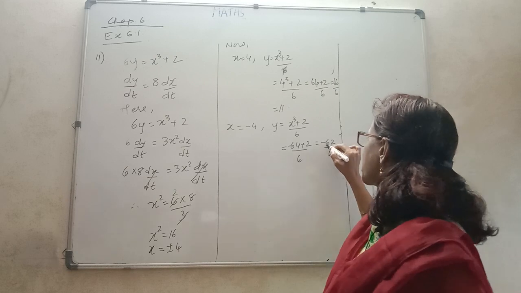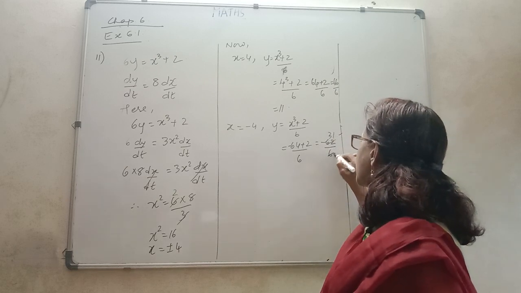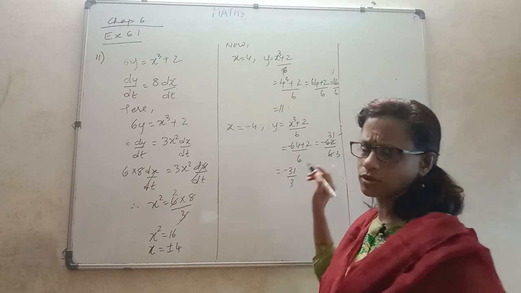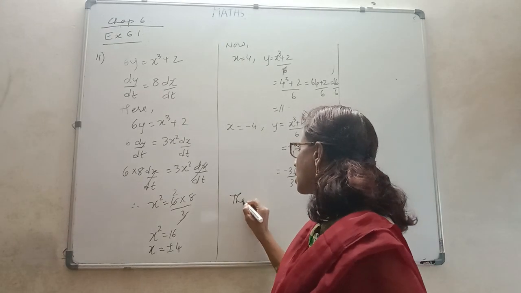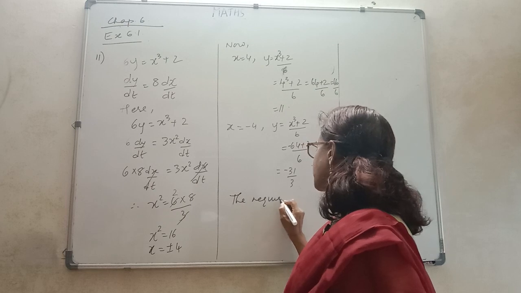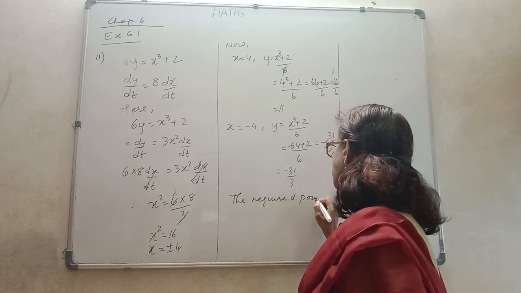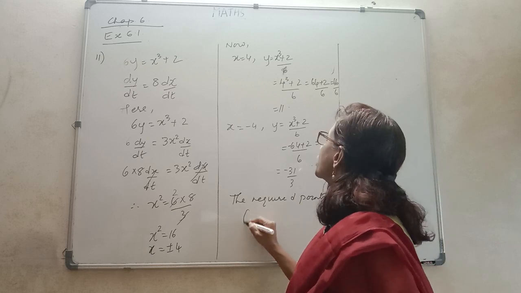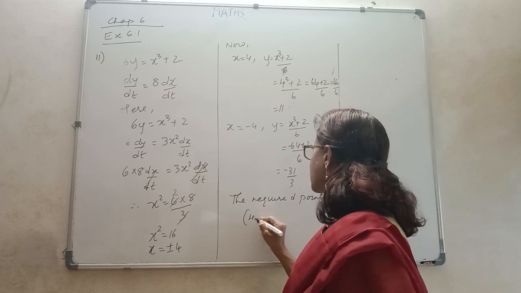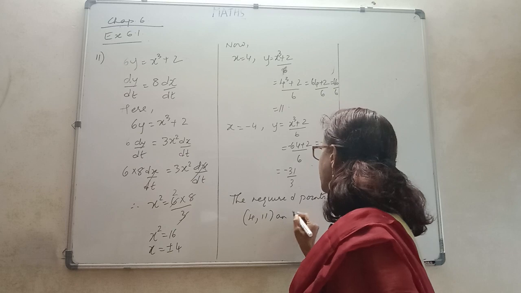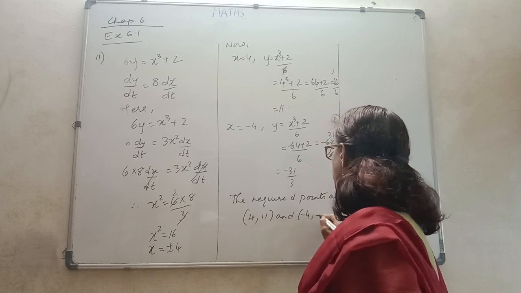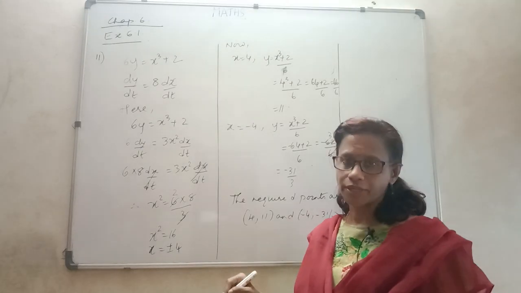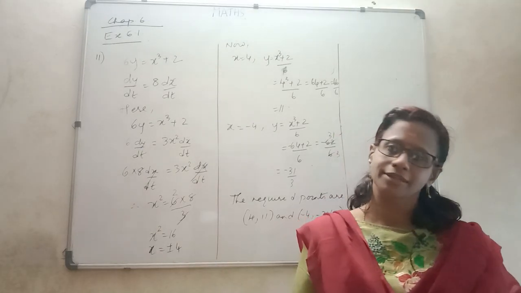Cutting by 2, it is minus 31 by 3. That's all. So the required points are: with x equal to 4, y is 11, and with x equal to minus 4, y is minus 31 by 3. They just asked us to find the points, and these are the points.